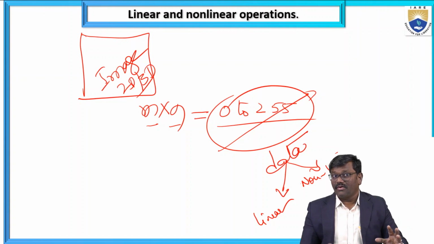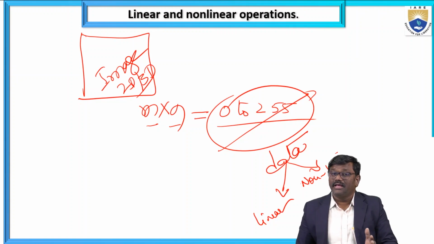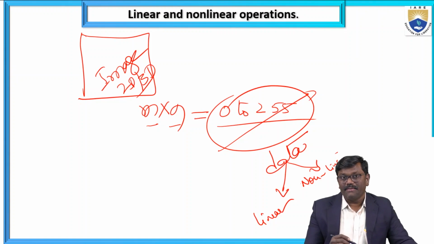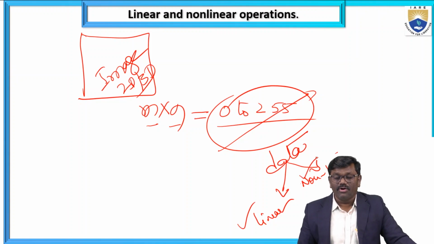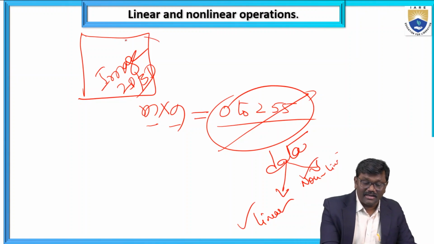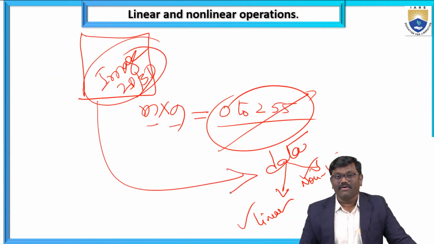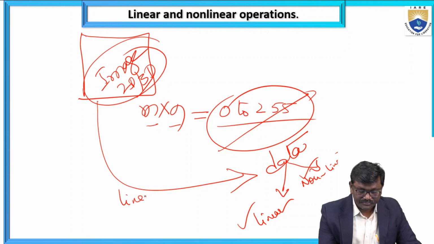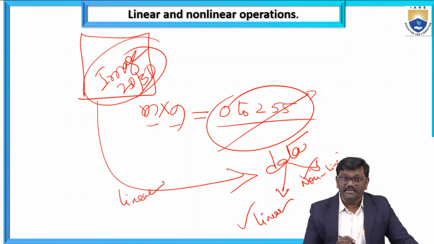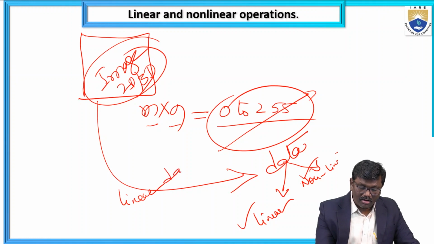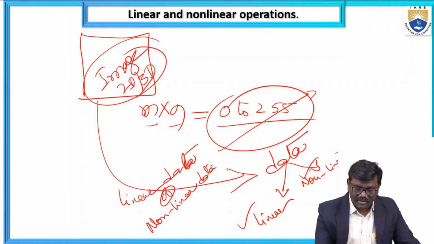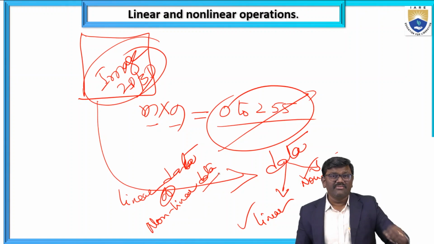Depending upon the contrast of the data, we may divide it into linear and non-linear. Based on the previous slides' definitions of linear and non-linear, the content of the image is having linear data or non-linear data.